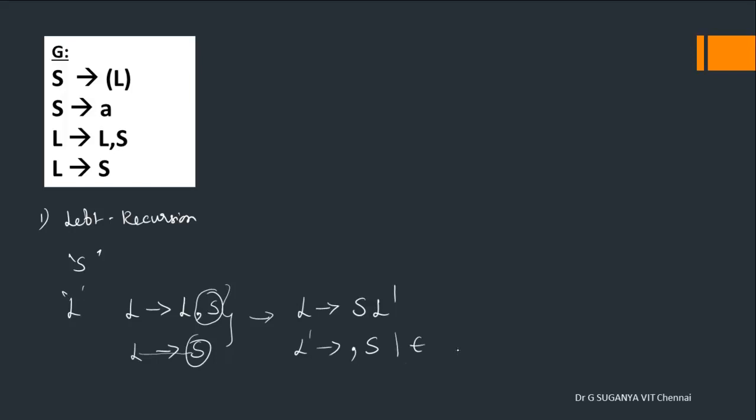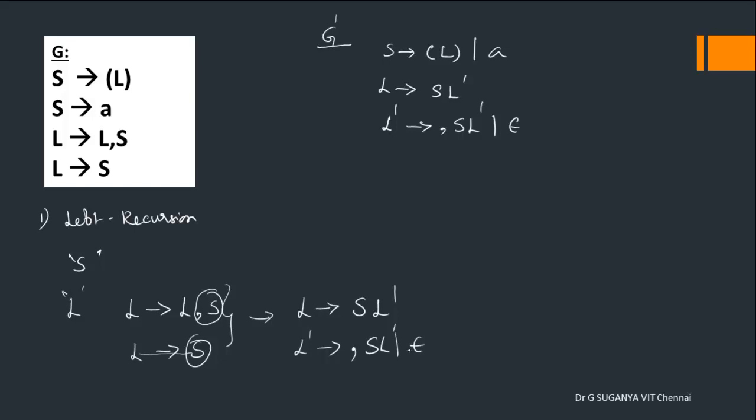So that's how we need to eliminate left recursion. Finally, after eliminating left recursion, the grammar will go like this: S gives within brackets L or A, where L gives S L dash, and L dash gives comma S L dash or epsilon. I missed out L dash here.